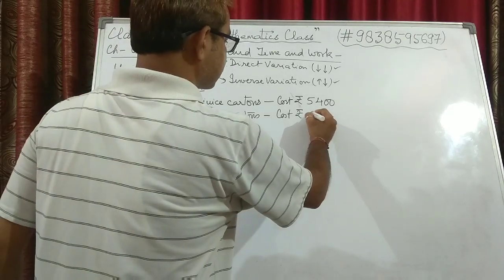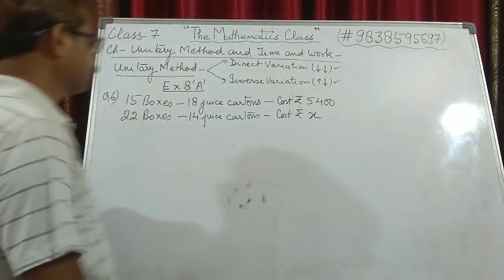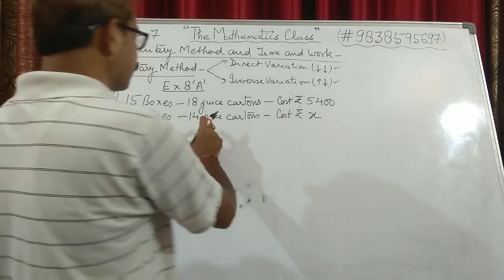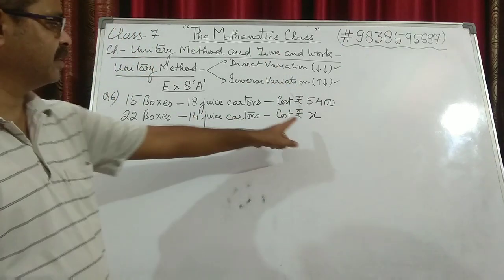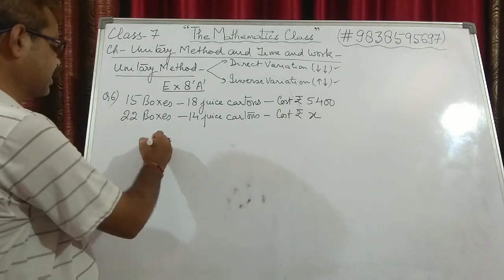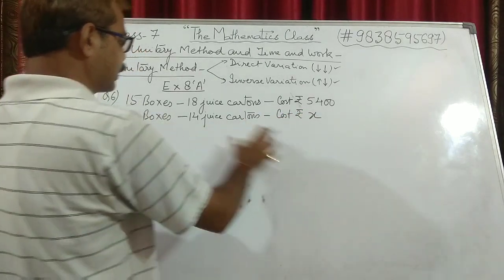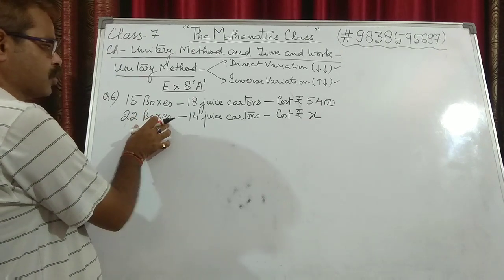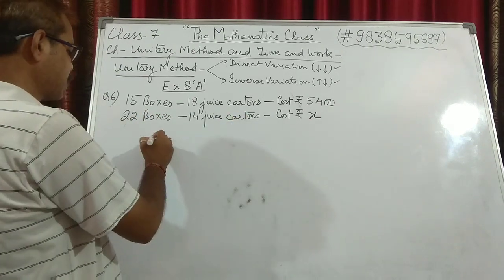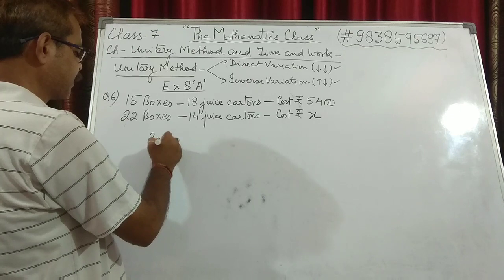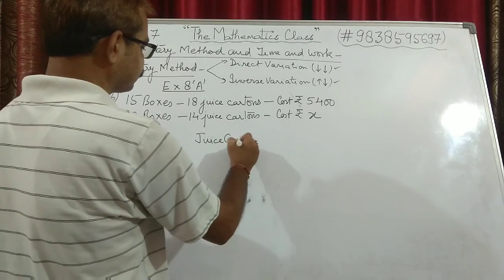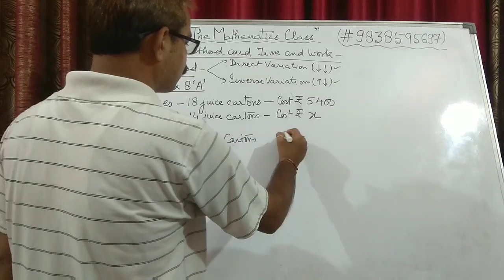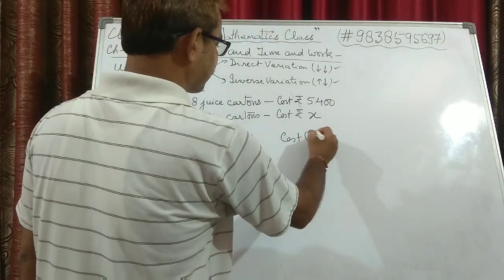So first of all, let us assume that the cost of these 22 boxes with 14 juice cartons each is X. Now we have to find this term, so we will write this at the end. Rest everything, either you write boxes first or juice cartons. I am writing boxes first, then juice cartons, and then cost in rupees.